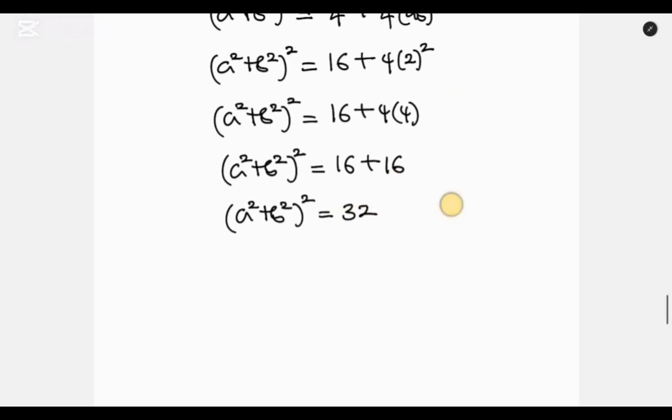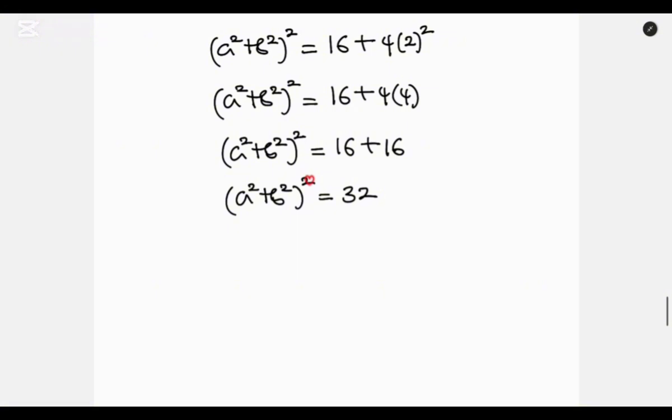Very good. Now let's get rid of this square. To get rid of this square, we take the square root of both sides. So I'll take the square root of (a squared plus b squared) all raised to power 2, equal to plus or minus the square root of 32.